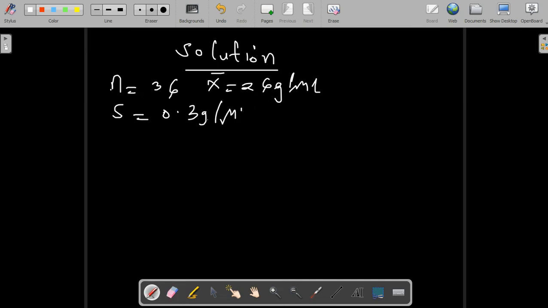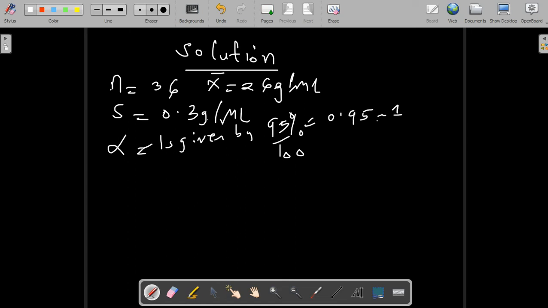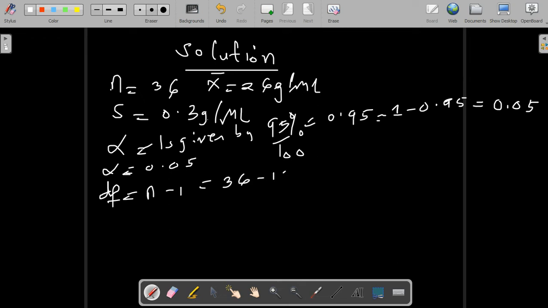We also consider the level of significance by taking 95% divided by 100%, whereby we obtain 0.95. Now we take 1 minus 0.95 to obtain the level of significance, which is equal to 0.05. But also the degree of freedom is taken by the number of observations minus 1, which is equal to 36 minus 1, which is equal to 35. So the degree of freedom is equal to 35.